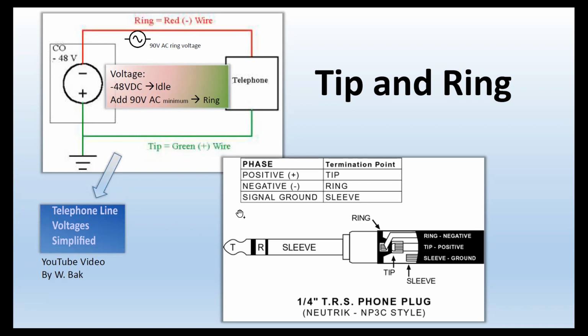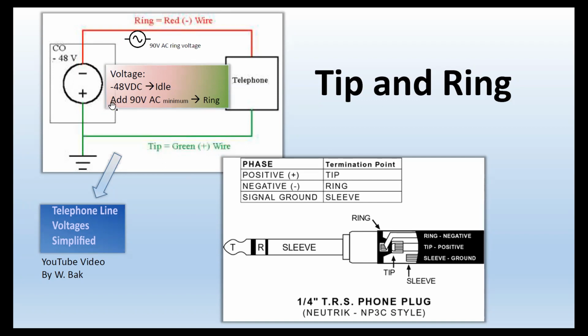Tip is positive with reference to the ring. If it was just a tip and ring, this one is tip, ring, and sleeve. But the tip is equal to ground. And this one here is going to be just more negative towards that. So this negative side of the telephone line is more negative than the ground itself, because that's how the battery is connected.